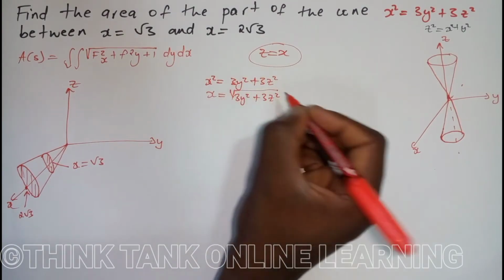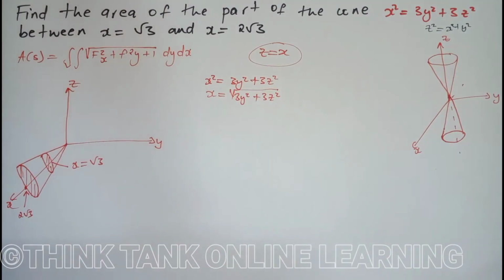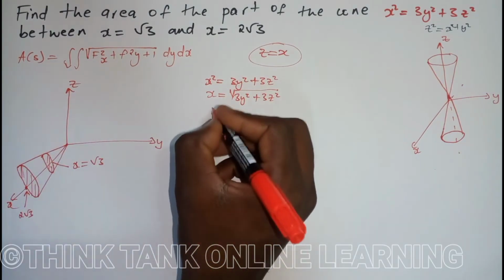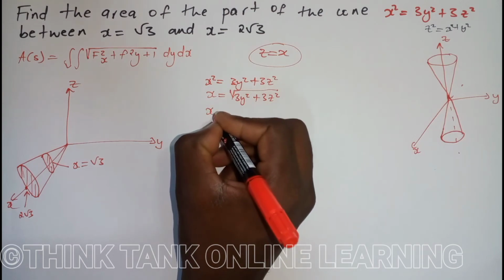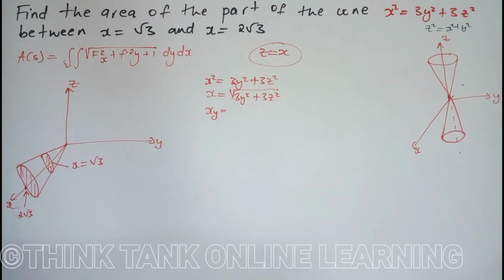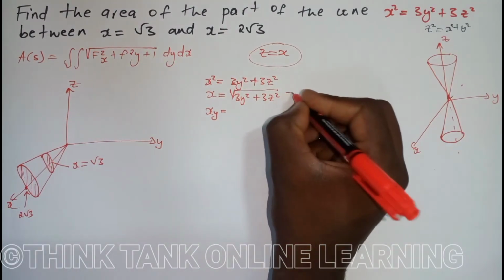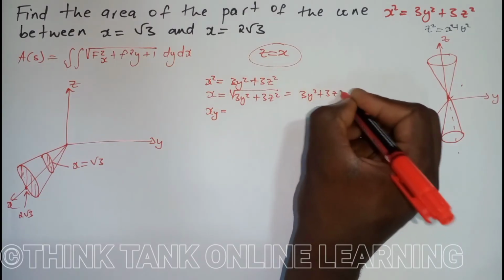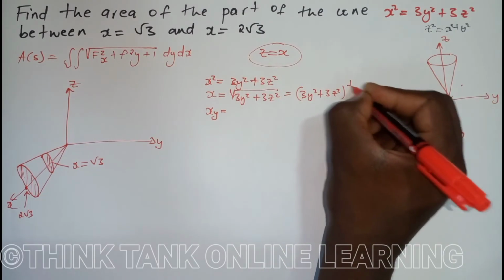Now we need to find the partial derivatives. Let me start with x of y, which means we're going to differentiate x with respect to y. Remember, this is the same as saying 3y squared plus 3z squared to the power 1/2.